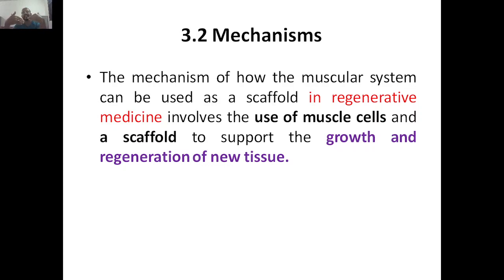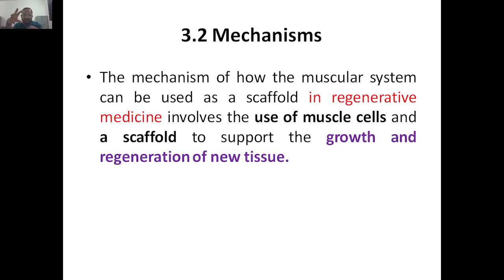In the previous class we discussed what regenerative medicine is. Those who missed that, you can go through the first video where I have given an introduction to the muscular system as scaffold. Because of regenerative medicine, we are getting new cells or new tissues with the help of new cells. What do we need?